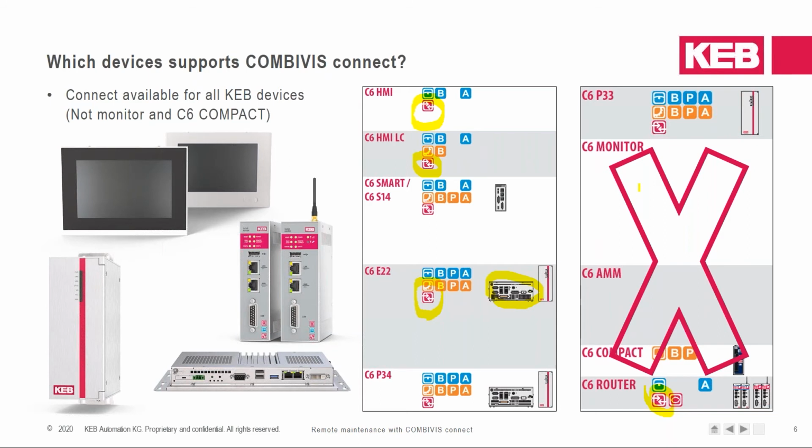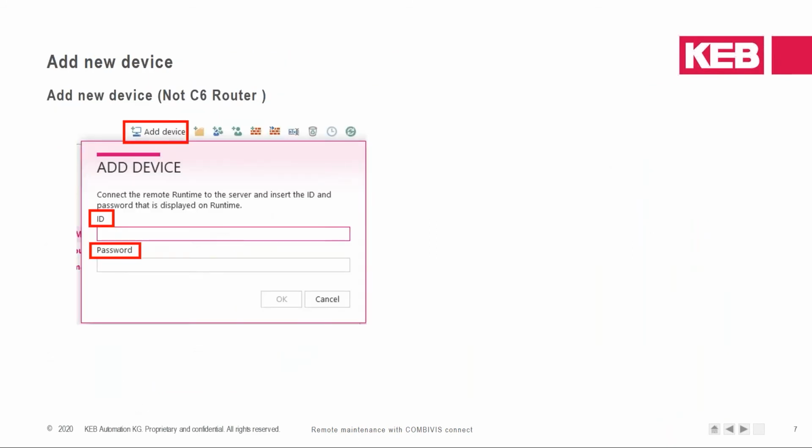Yeah, okay, good. We continue. I want to describe how you can add a new device in the Connect Control Center. Here you find a button which we call Add Device.